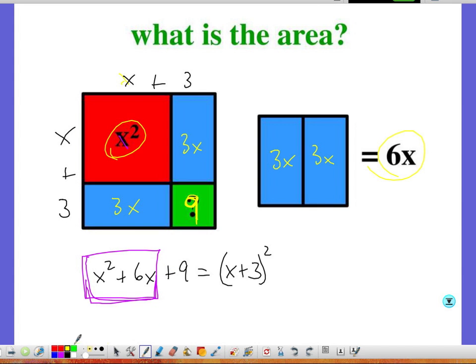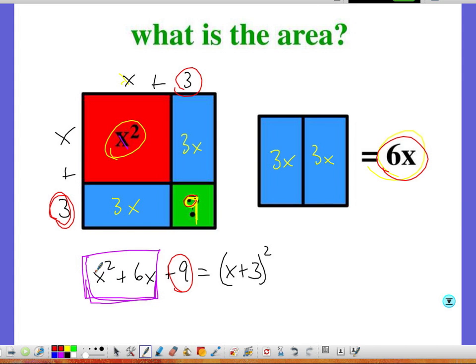Just by looking at my equation, how did I get this 9? Well, 9, I got it from 3 times 3. Where'd you get 3 in the beginning? Well, 3 I got it from 3x, which came from 6x. So I take 6x, divide it by 2, which gave me 3x and 3x, and then I was able to get 3 times 3, which gives me 9.